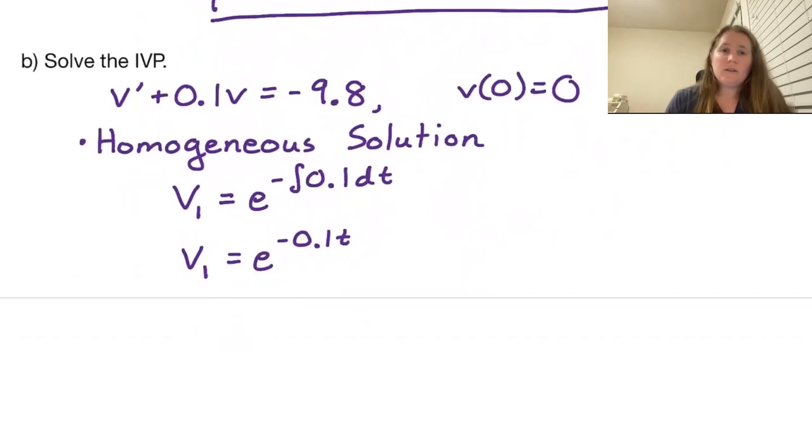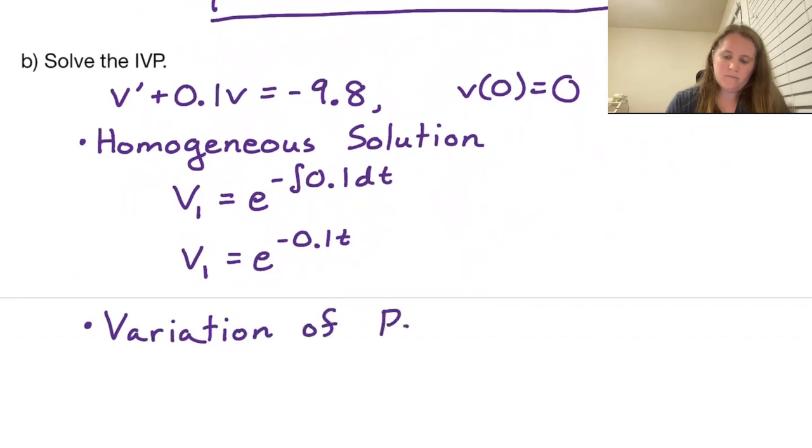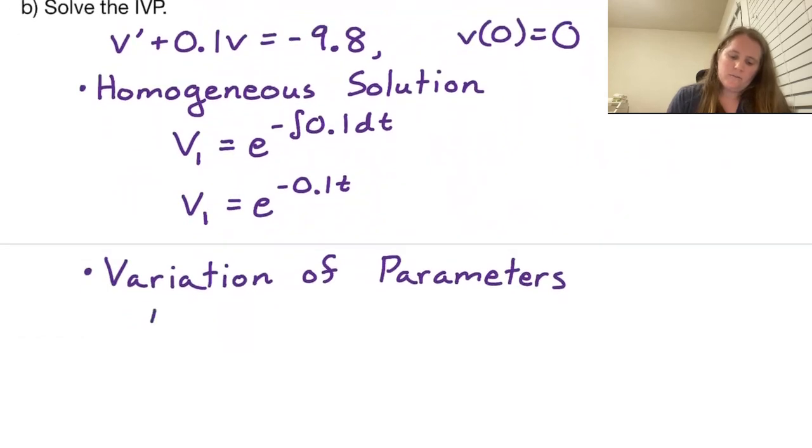From there, we run variation of parameters. We will assume v is equal to some u times v1.